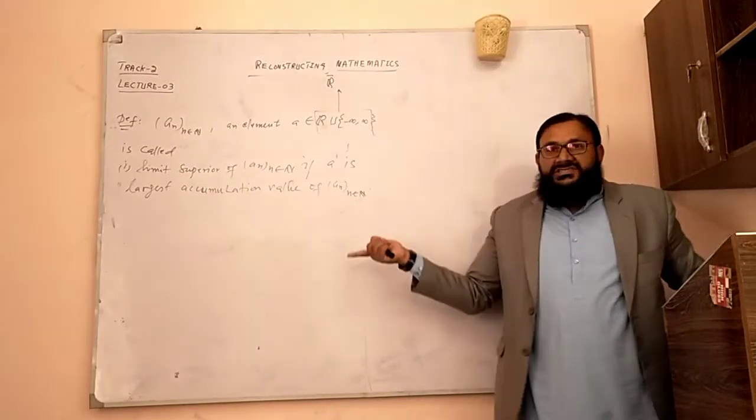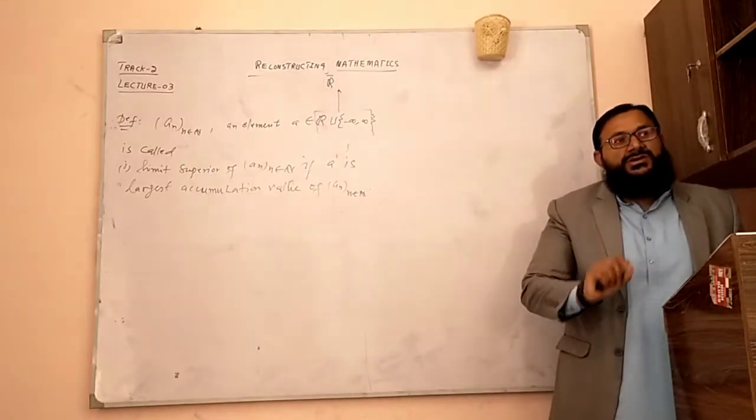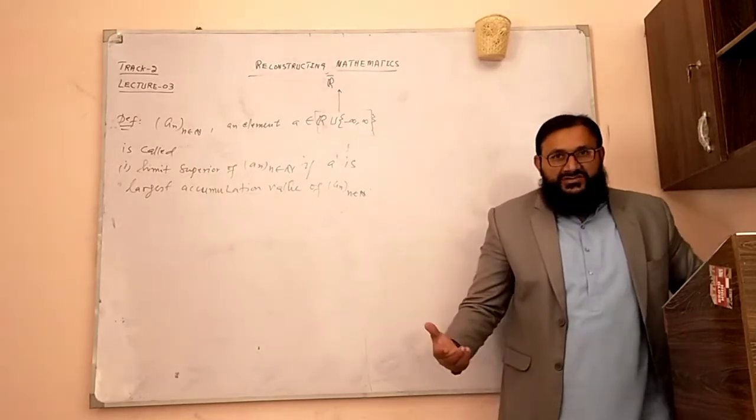So you have a sequence, obviously you can find its limit points, and the largest among those limit points is called the limit superior.